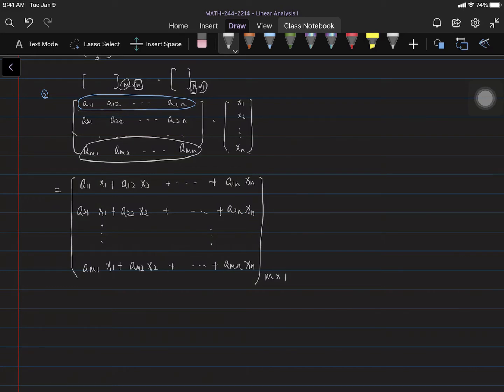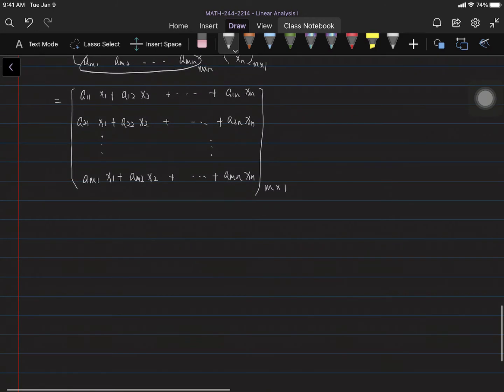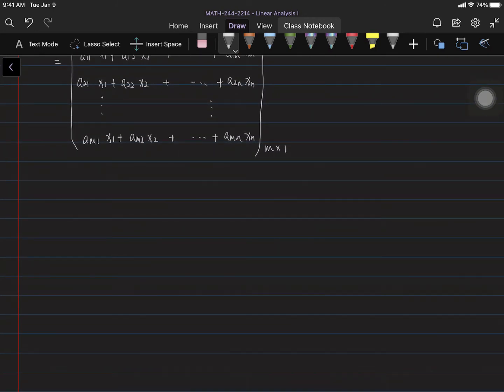So you can see here, because for the matrix A we have m rows, here we also have m rows, but for this one we only have one column, because in each row there's only one number, right? So the final should be m by 1. Don't worry about the size; I'm going to talk more about the size in the future. So now let's just see how to do the calculation.